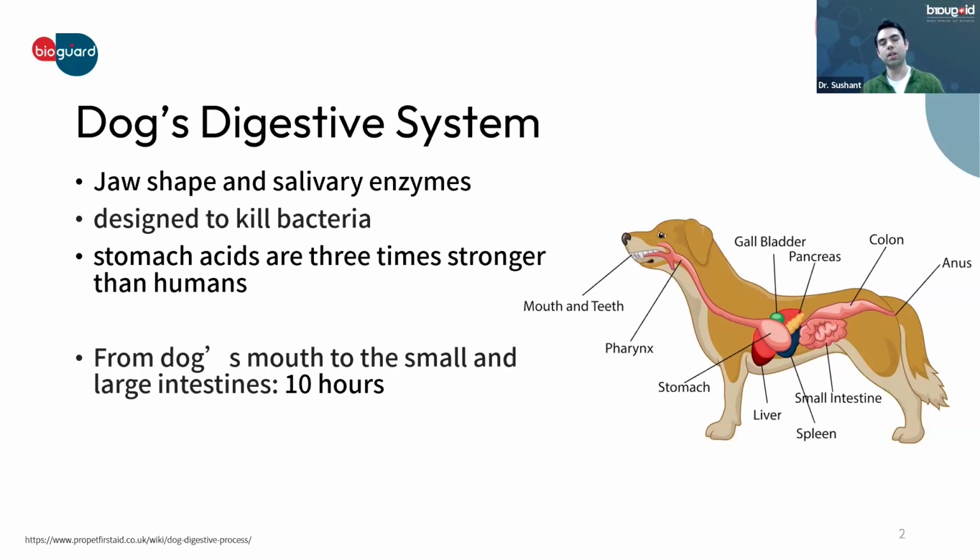Also, when the dog has a meal, it takes around 10 hours for it to digest and remove it from the body as feces. So you can imagine that if some abnormality happens in this duration, it is one of the signs that there is some issue in the gastrointestinal system.